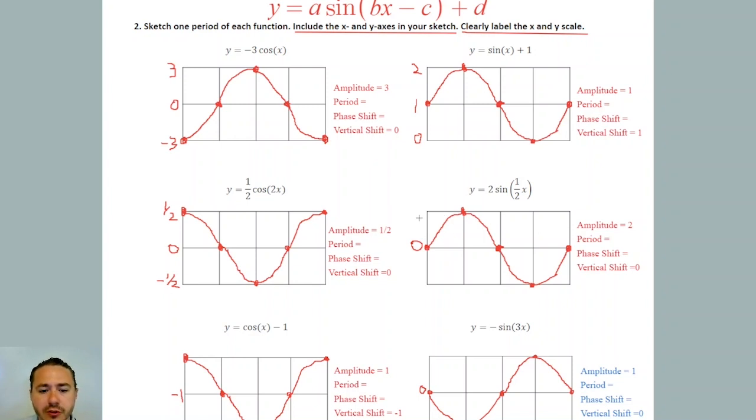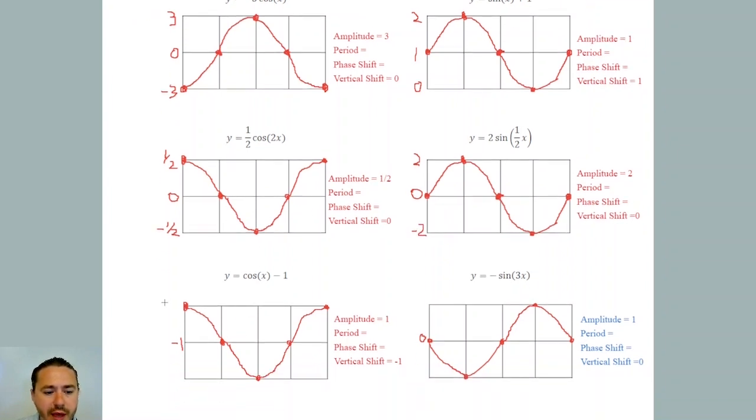For this one, the amplitude is 2, so I'm going to add 2, subtract 2. For this one, I'm going to add 1, so -1 plus 1 is 0. So actually here, the x-axis is going to be up here. And then I'm going to also subtract 1. So this whole curve will be below the x-axis. And then this one over here, amplitude's 1, so we're going to add 1, subtract 1.